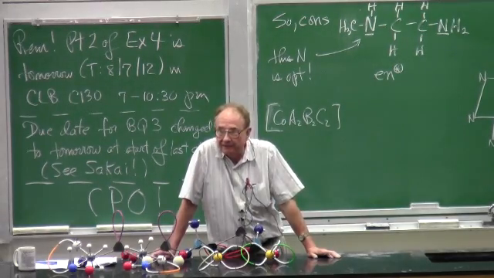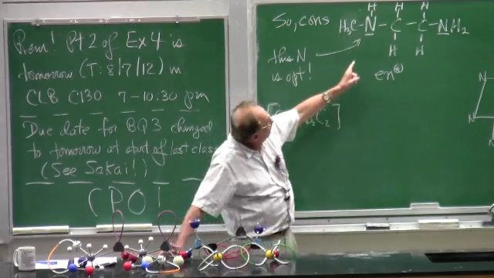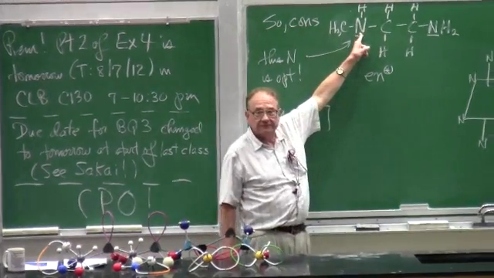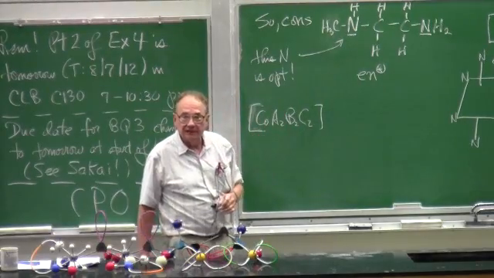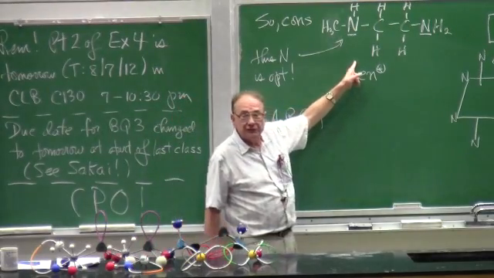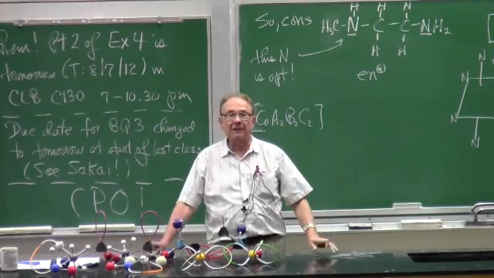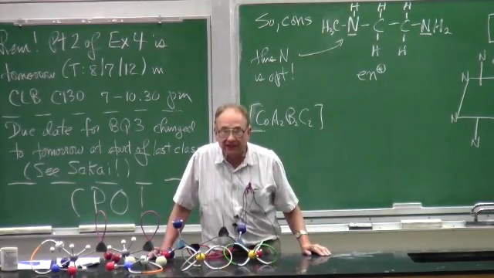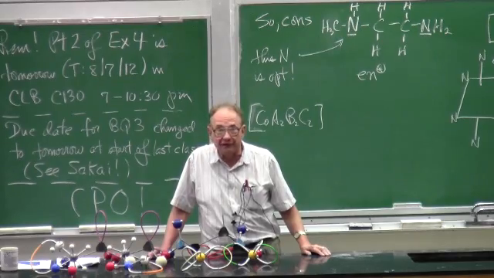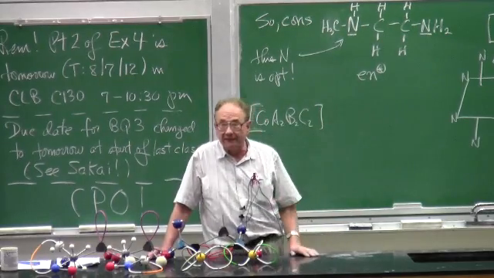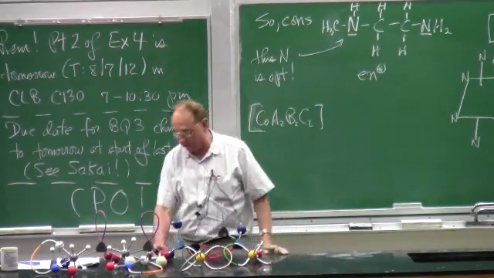Why is that the case? Because this nitrogen atom by itself is optically active. Which means if I make a complex using this as a ligand, the complex is guaranteed to be optically active. Because I've synthesized the complex with an optically active ligand. Let's take a look.